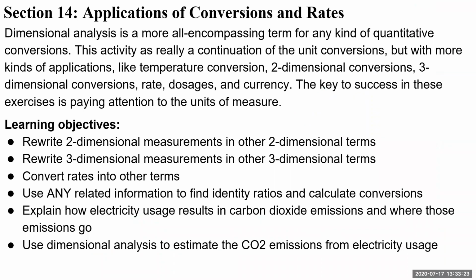Now, dimensional analysis is a more all-encompassing term for any kind of quantitative conversions. Is that okay? Now, we looked at 2 different ways to do this approach in section 13, where we looked at the factor label method, and we also looked at using the proportion approach.